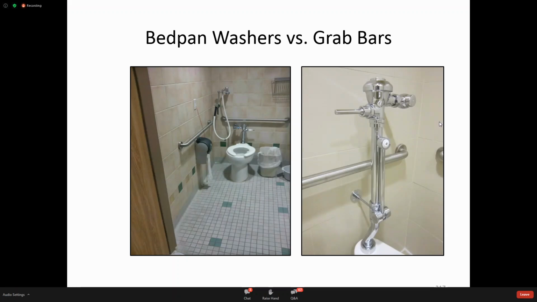And then you can flush with that much higher flush valve, and it will wash out the bedpan. You can flush it out right into the toilet. Now, staff love that because they don't want to carry a bedpan with you know what in it down the hall to the soiled utility room to dump it.